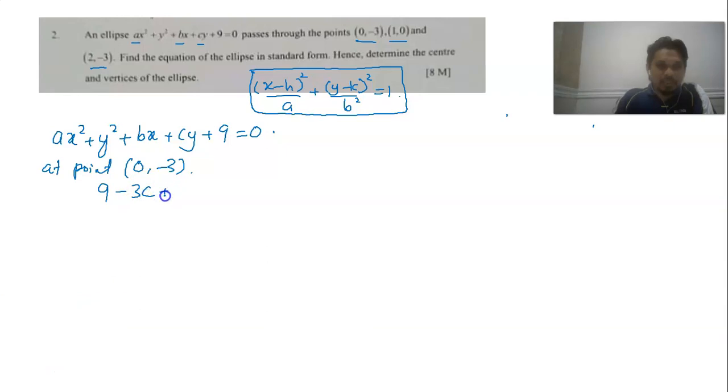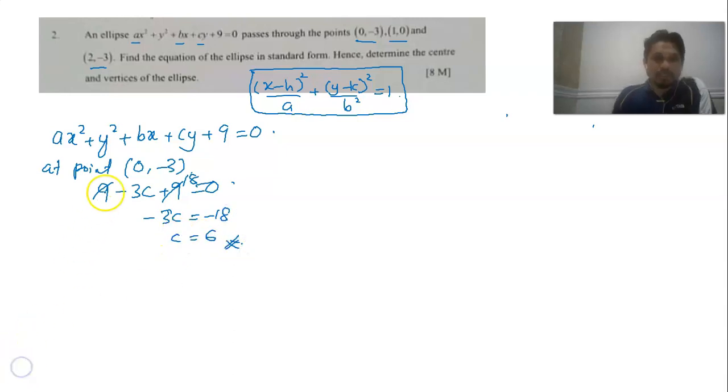Negative 3c plus 9 equal to 0. So 9 plus 9 equal to 18. Negative 3c equal to negative 18, then c equal to 6.